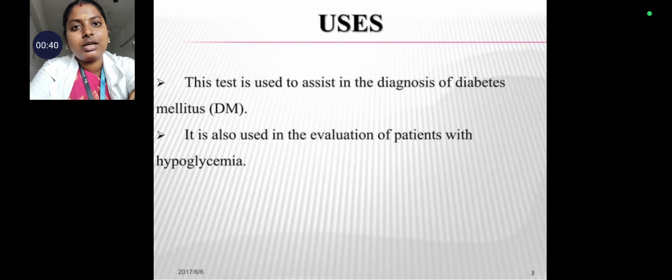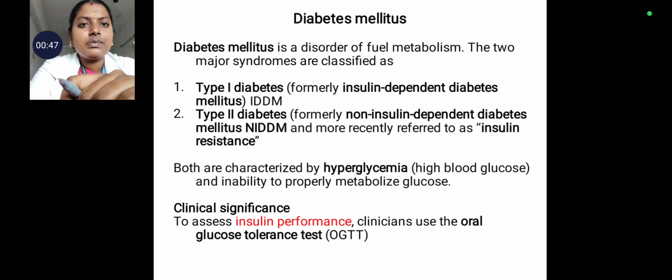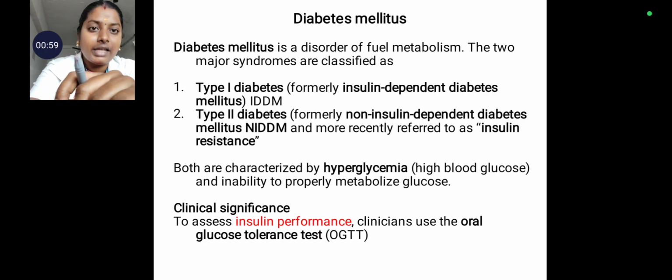So hypoglycemia is nothing but the low blood sugar level. Hyperglycemia is the high blood glucose level. And diabetes mellitus is a disorder of fuel metabolism, and there are two types of diabetes mellitus, type 1 and type 2. Type 1 is called insulin dependent, so it depends upon the insulin level.